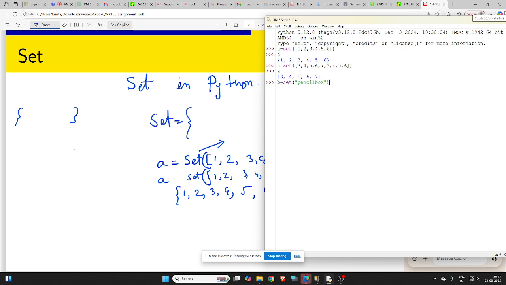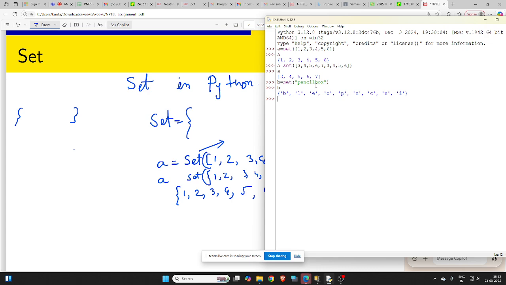If I write B equals set of string of pencil box, what will it print? It will print each and every letter of this word individually. It takes pencil box and treats everything as an individual letter, individual string.